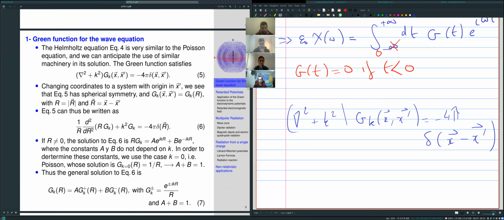If we are away from the origin, then the right-hand side is 0, and this is really easy to solve. We just need oscillating exponentials. When we write the Laplacian in spherical coordinates, we get this r factor here. And if we are away from the origin, then the solution is simply this oscillating exponential.